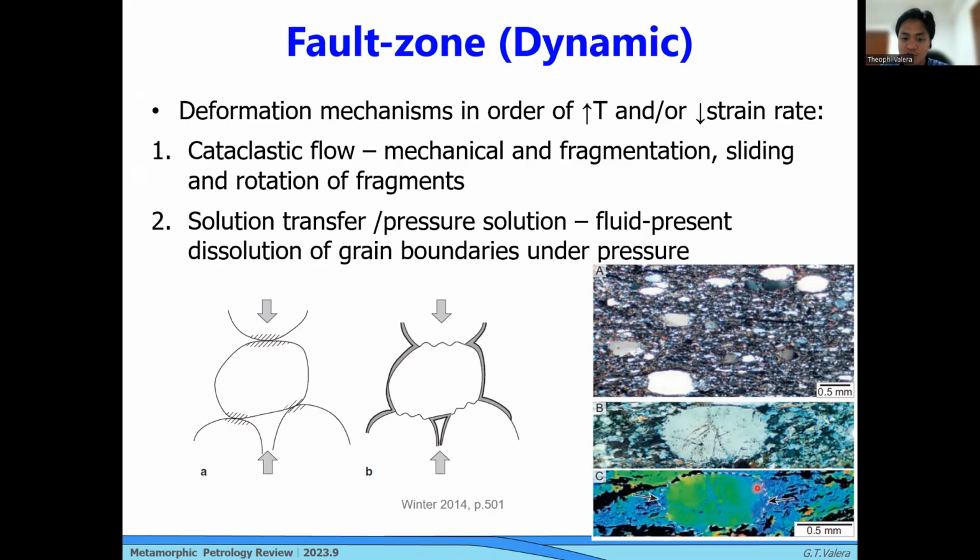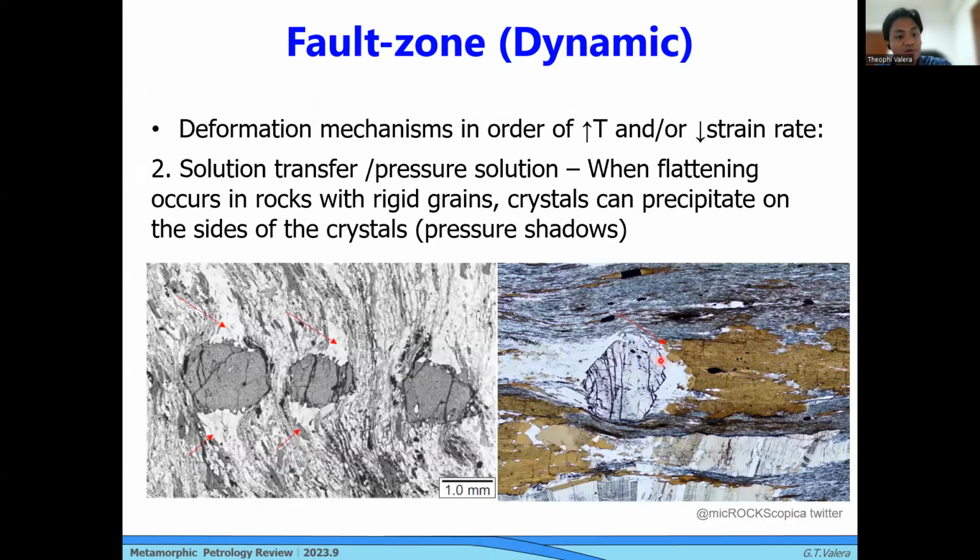And then you have these newly grown quartz subgrains. Na itong subgrains na to represents yung dissolved material and reprecipitated materials dun sa sides with least stress. Kung yung compression is this way, kaya ganyan yung foliation. So that is what we refer to as solution transfer or pressure solution.